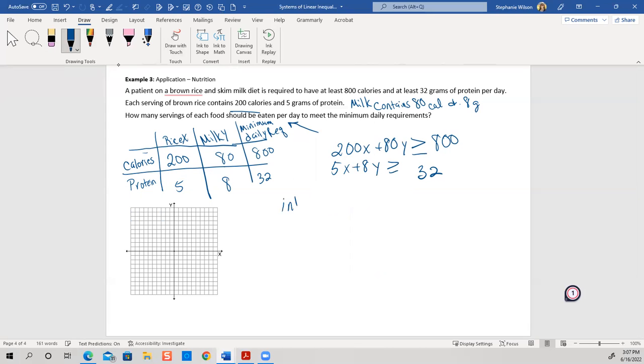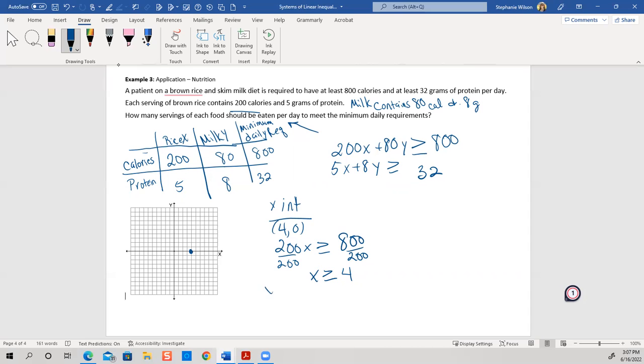For the x-intercept, y is 0. So I get 200x is greater than or equal to 800. Divide by 200, and I get 4. X is greater than or equal to 4. So plot it. Go to the origin, go to the right 1, 2, 3, 4.